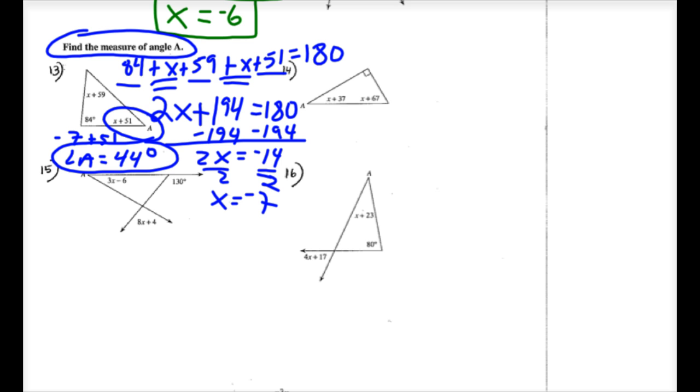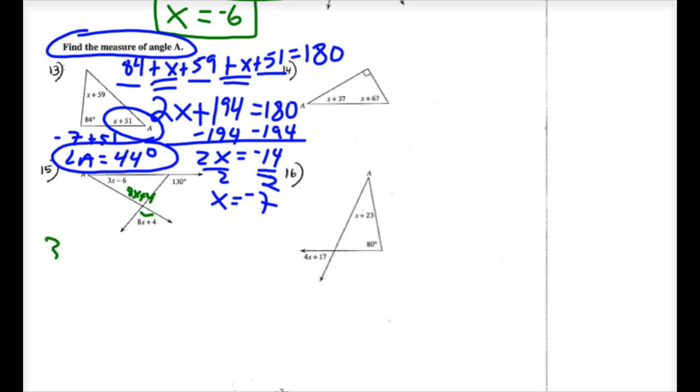But because that's 8x plus 4, wouldn't the inside angle there also be 8x plus 4? Why? Vertical angles. So you have to look for things. Now, is 130 degrees an exterior angle? Yes. See how only one of the sides is extended? That's when an exterior angle is formed.